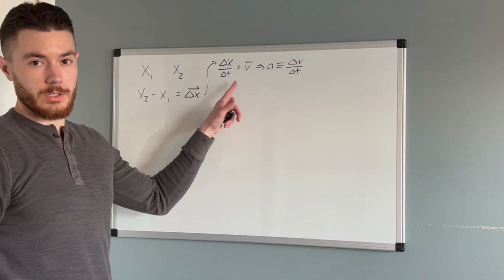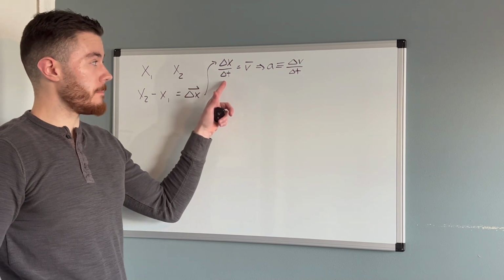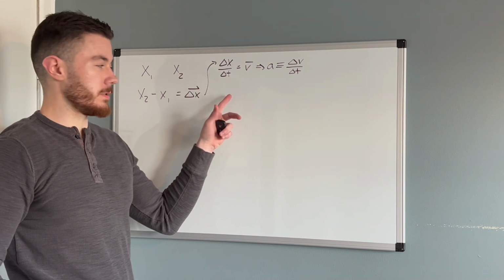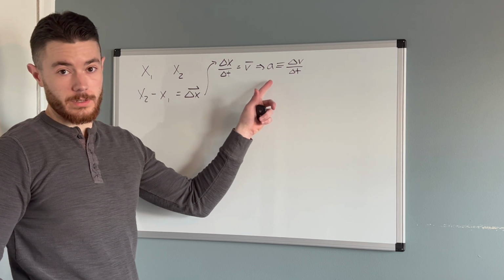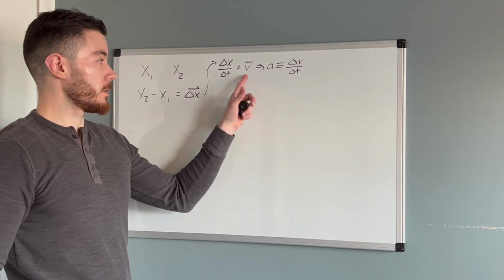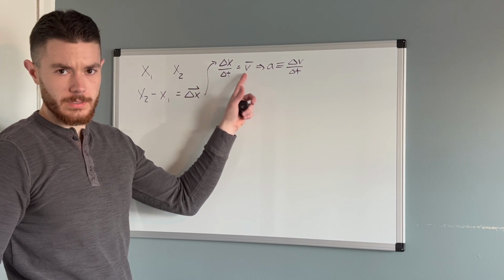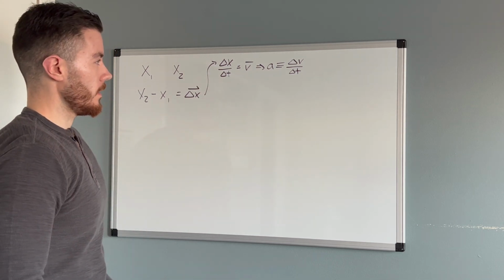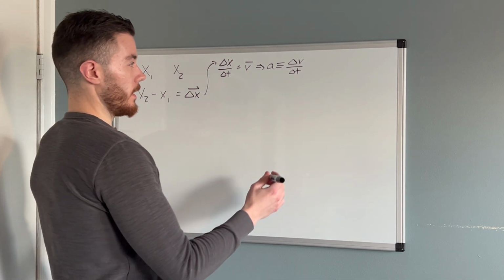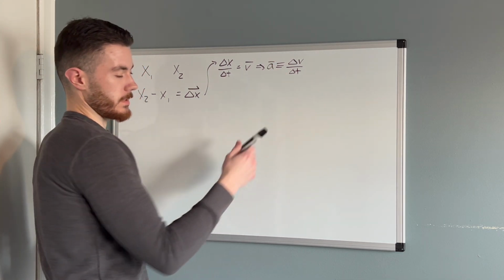So the velocity is the change of position with respect to time. Acceleration is one level more, change of velocity with respect to time. And this is the average acceleration.